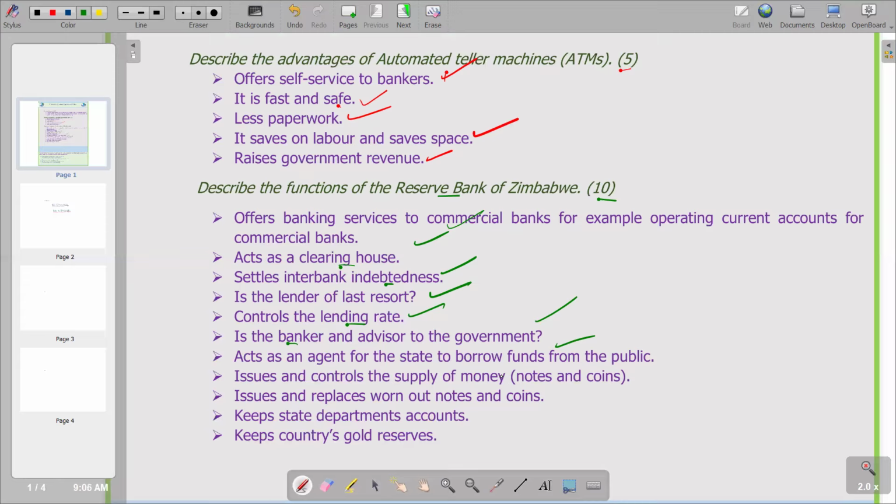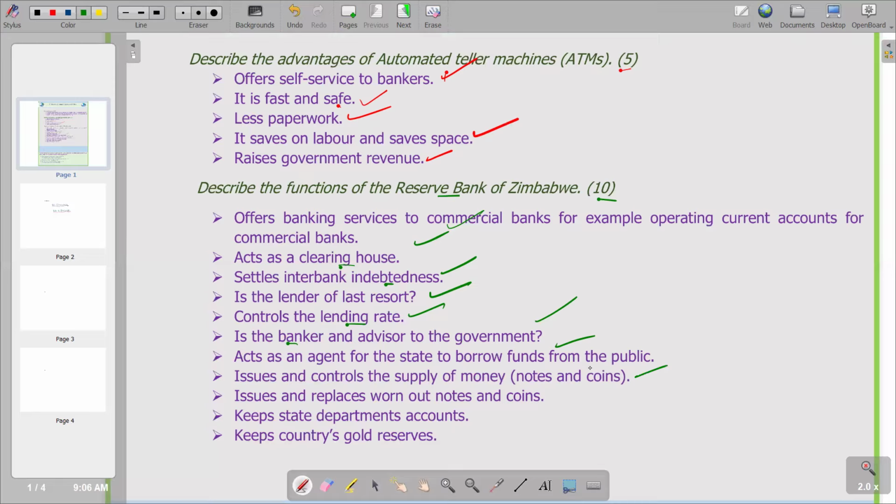On the next point, we have issues and replaces worn out notes and coins. These are notes and coins that are old, maybe beyond being used, so it is the bank's duty to replace them. Then we go to the next one, keeps state department accounts.